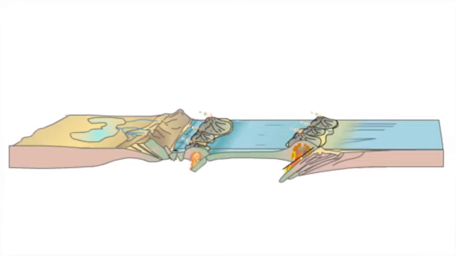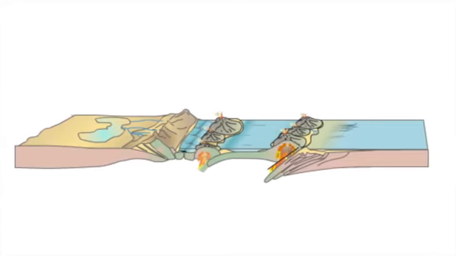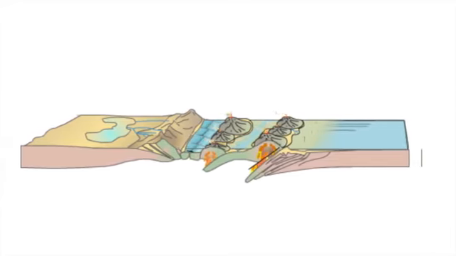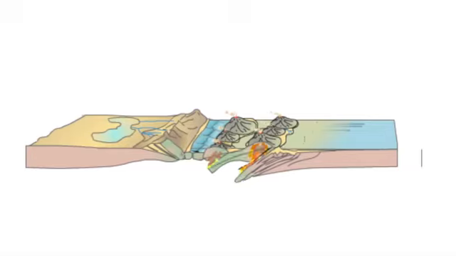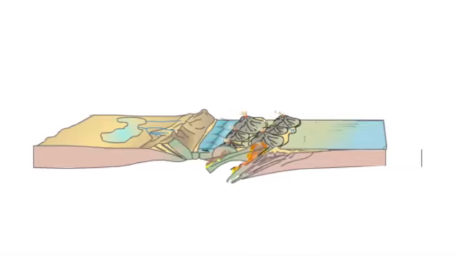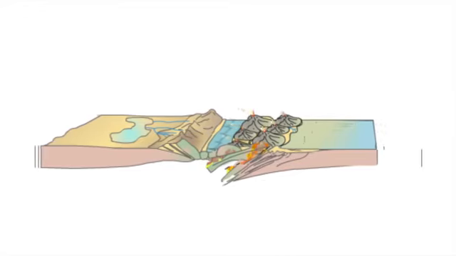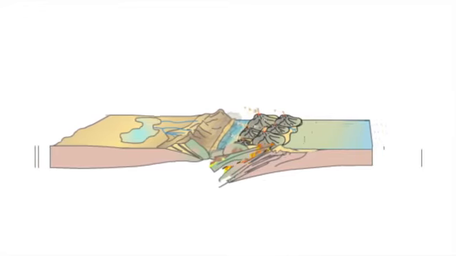So if we know the plate motions, we would expect certain types of structures to form depending on how the plates move. If plates converge, you would expect to find what's called reverse faults, thrusts, folds, large-scale folds, and mountain chains, orogenic belts.